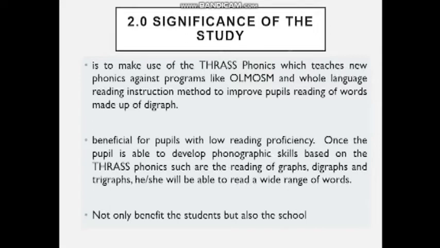It will bring more benefits. The study also benefits students with low reading proficiency. Once the pupils are able to develop the phonographic skills based on Thrass Phonics, such as the reading of graphs, digraphs, and trigraphs, he or she will be able to read a wide range of words.